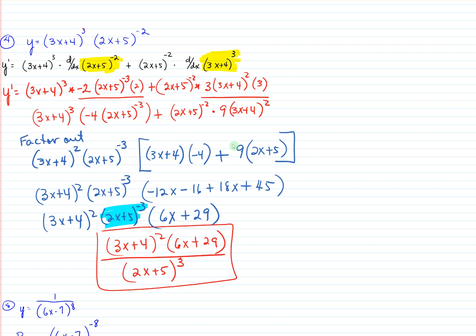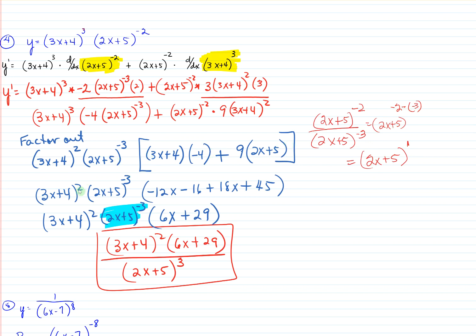Okay? Maybe I need to write that out for you. Okay, I have added that over here. So you're saying out of this, you're dividing 2x plus 5 to the negative 3. And so it's negative 2 minus a negative 3. Well, that becomes negative 2 plus 3, which gives you a positive 1. So it's 2x plus 5. That's what you've got here.